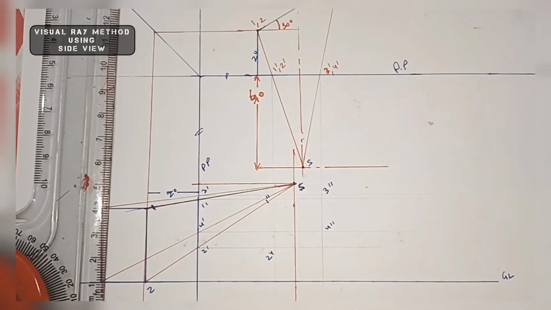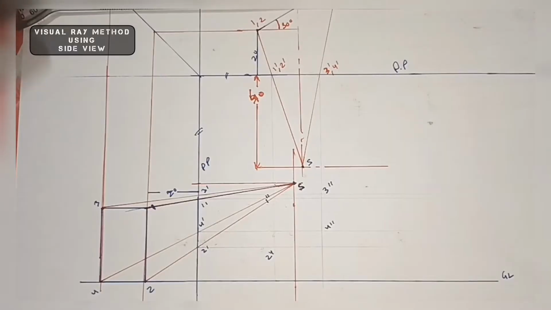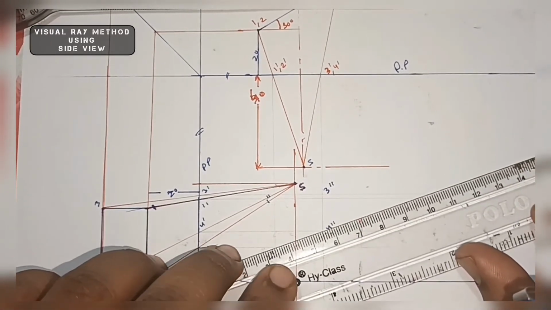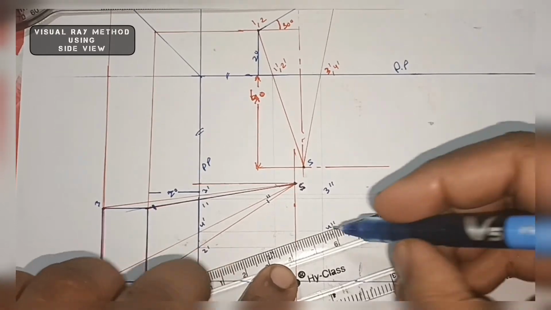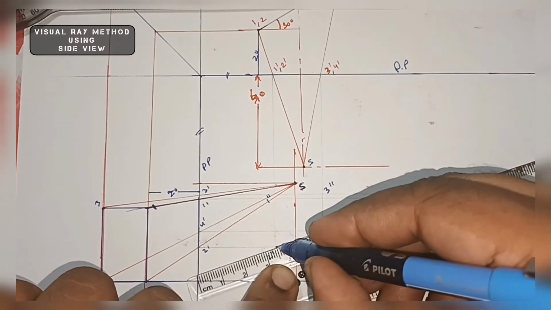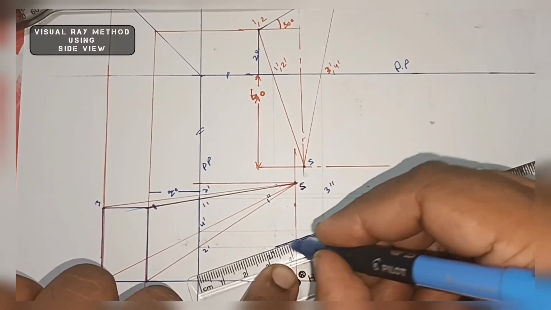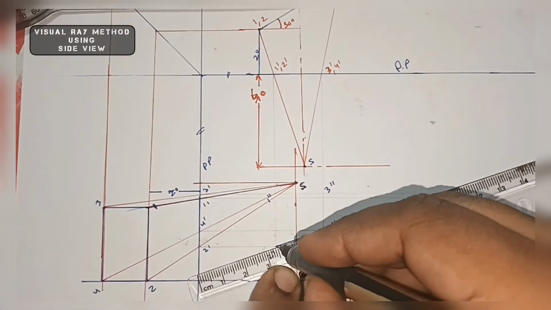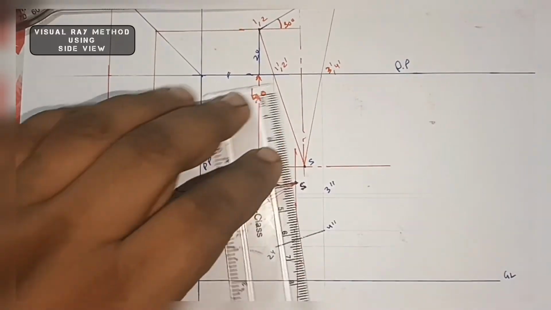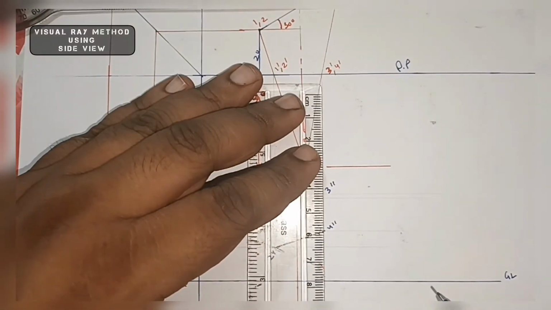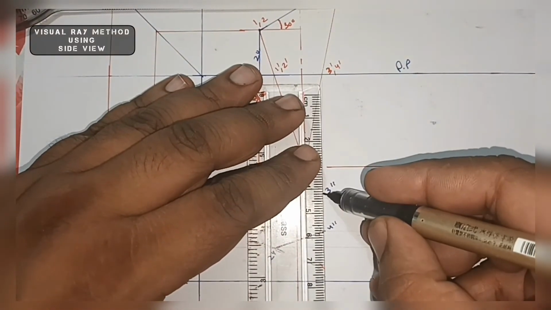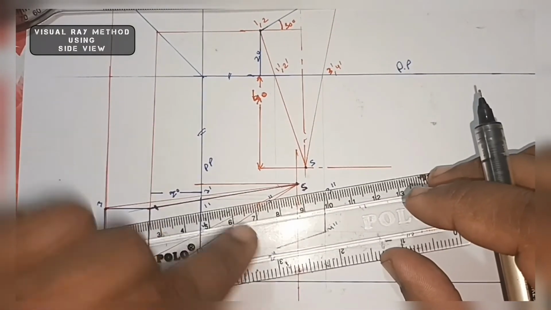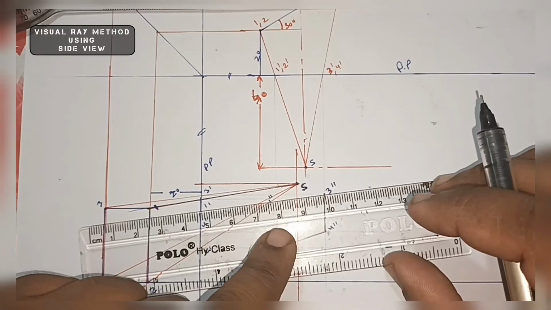Now we have to join these points. Whatever you are getting after joining these points is called the perspective view of this plate.